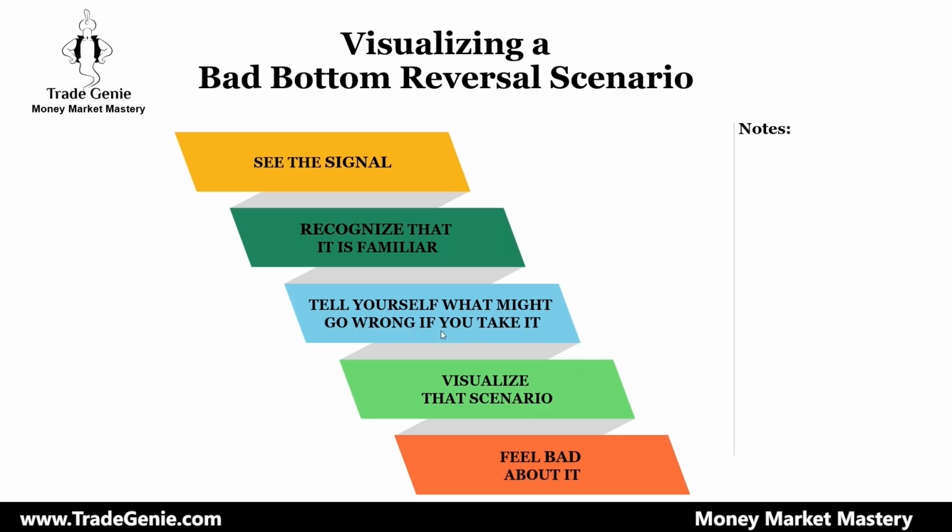Because you created a story in your mind, but you have seen that before, it works, and it's a profitable trade. But then you create that step. We all create this step of visualizing what can go wrong, and then we don't take the action. So we visualize that scenario and we feel bad about it. We visualize how much money we will lose.